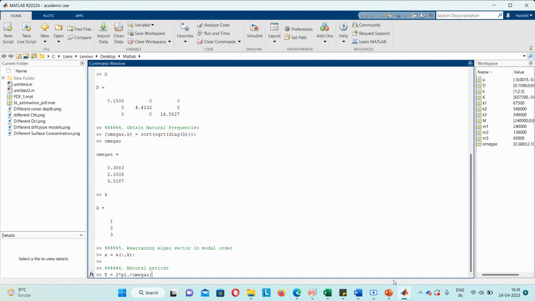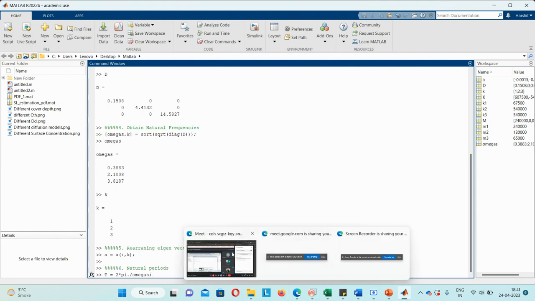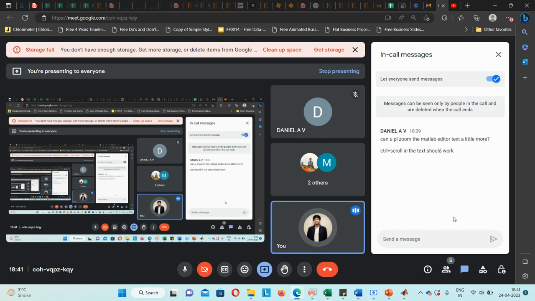Okay, thank you. I have attached the syntax of the code in the slide also, so you can view it later on. The slides will be made available to you.